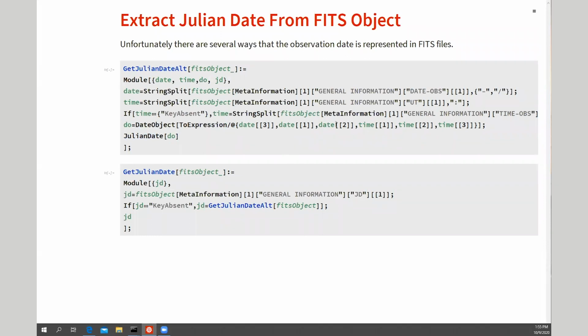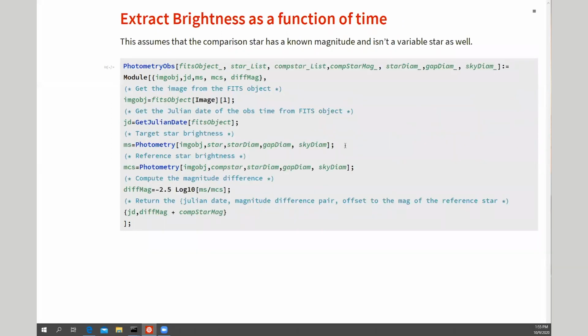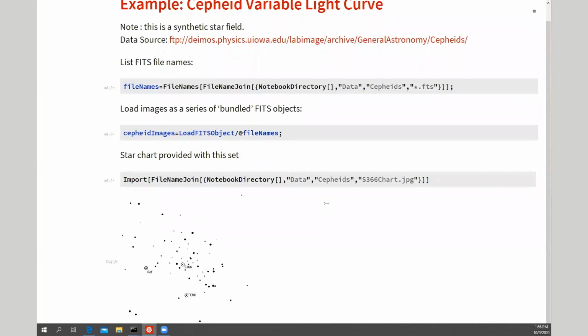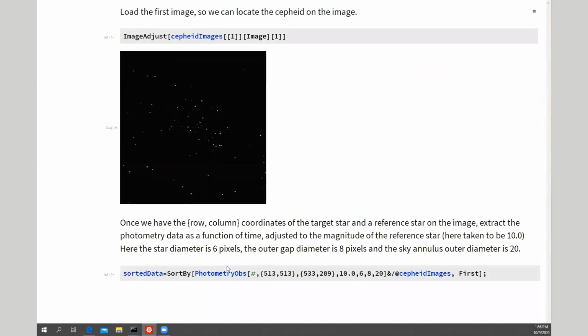And sometimes we have to do a little extra parsing to get an accurate value. And then by using this photometry function, we can get the brightness as a function of time. This is a Cepheid example from the University of Iowa. There's the Cepheid right there. And these are reference stars of known brightness that you can use to get the brightness of the Cepheid as a function of time.